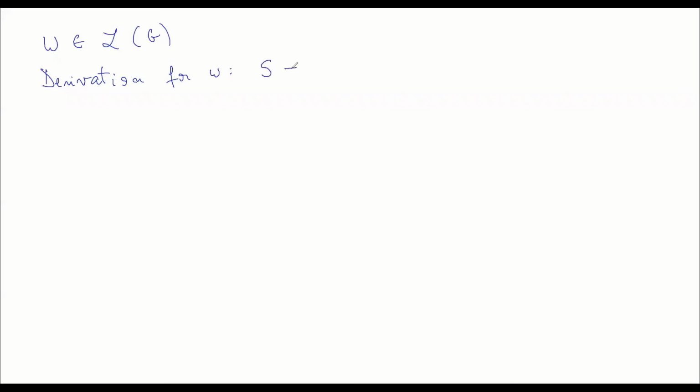S is really going into something like alpha 1, and then this goes into alpha 2, and so on. So this goes into eventually something like alpha n, which is really the W. So this is going to be called a derivation for W.